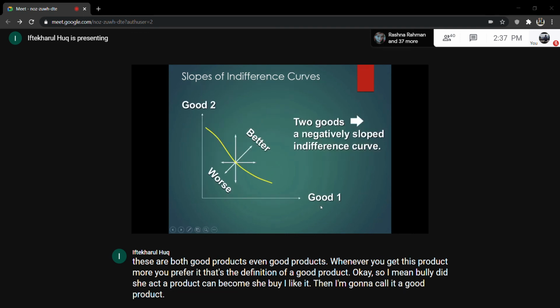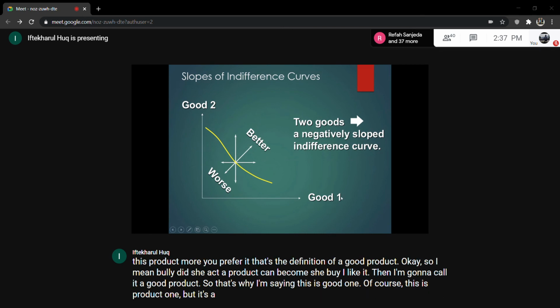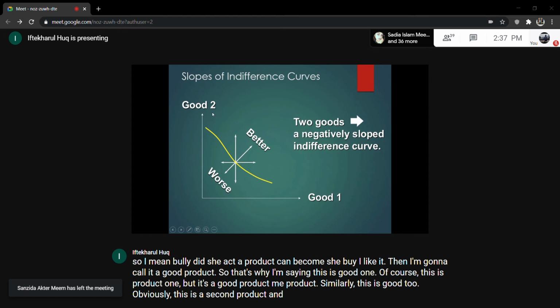So that's why I'm saying this is good 1. Of course this is product one, but it's a good product. তার মানে আমি এই প্রোডাক্টটা বেশি বেশি চাই। Similarly, this is good 2. Obviously this is the second product, and also a good product, meaning I also want it more.